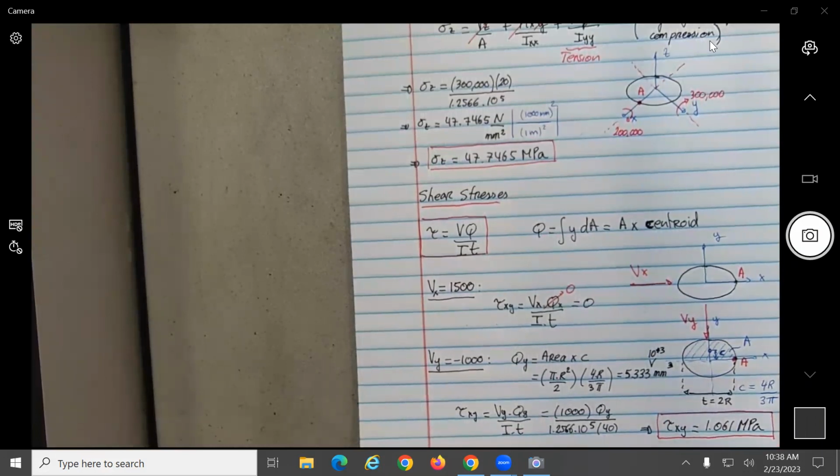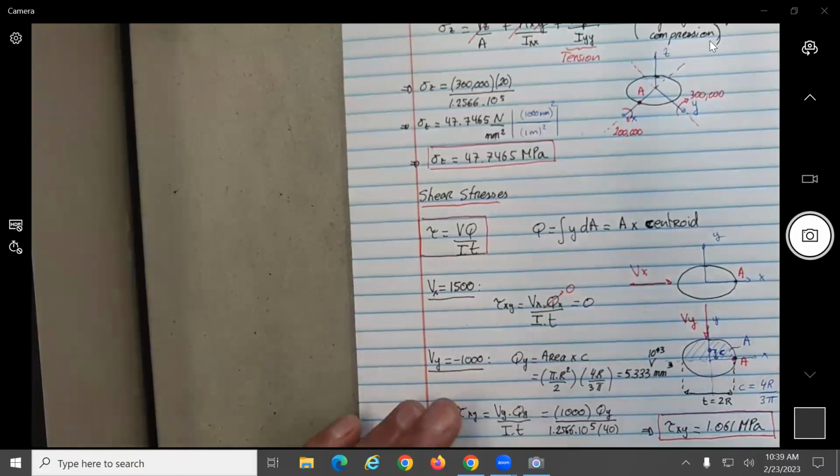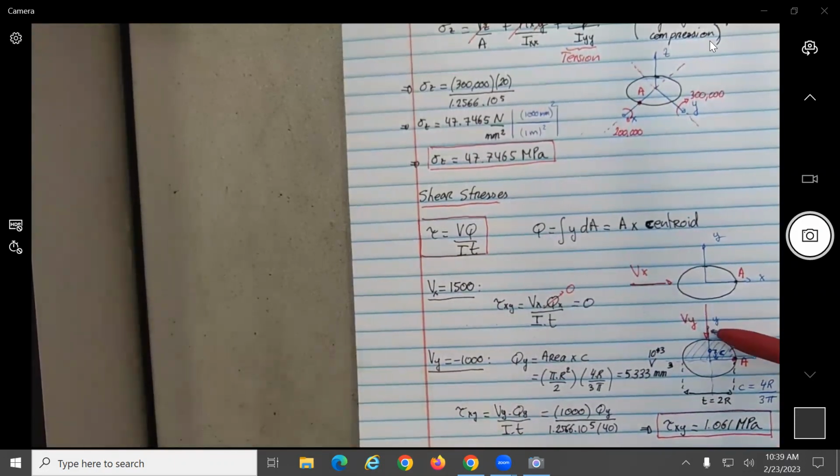Oh, why do we drop the negative there? Because, okay, let's look at it. Let's forget about the sense for 1 second. I like to look at the other forces. So you agree this one is, if you want, internal, so it's the opposite of the external, no? So this is the direction of the process. So in what direction will the shear stresses be going? It will be going down, no?